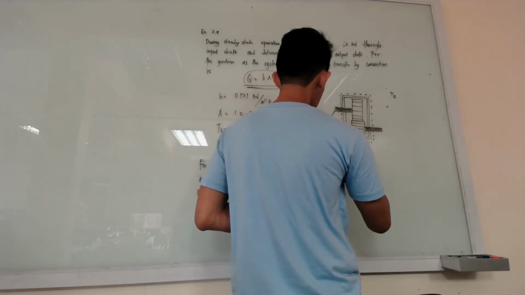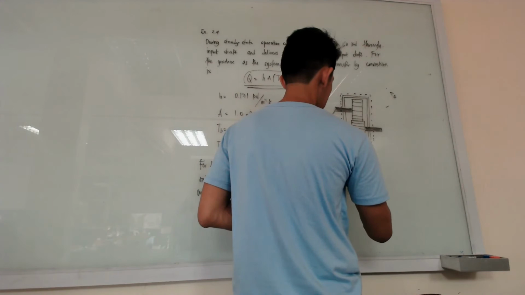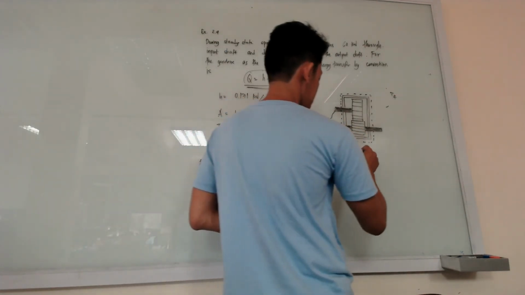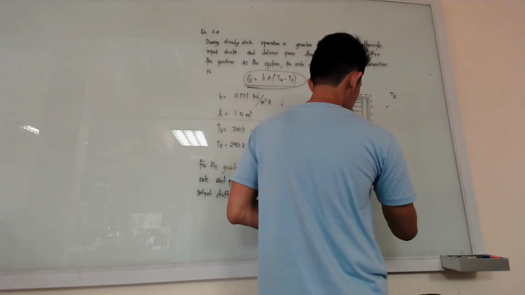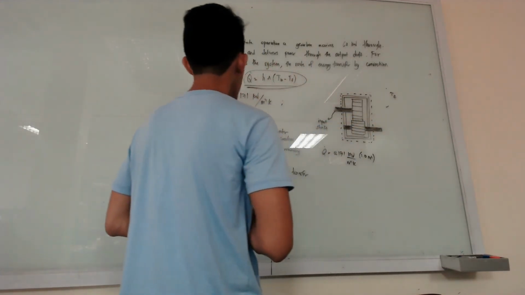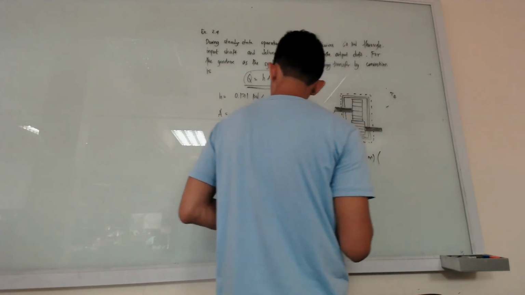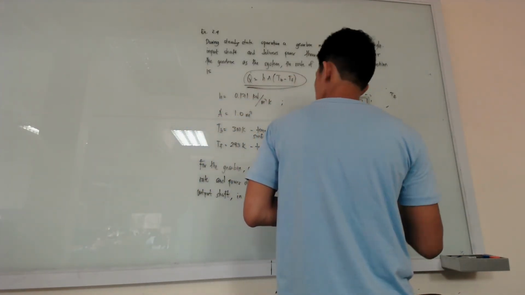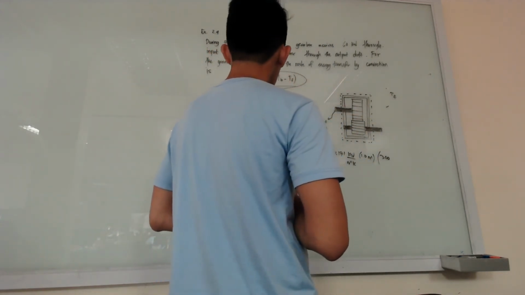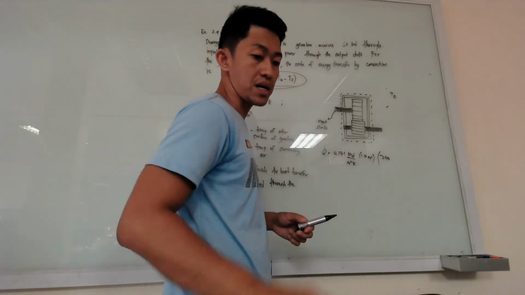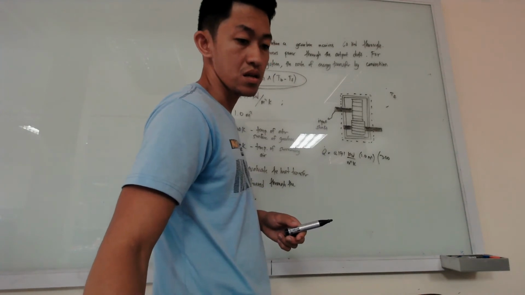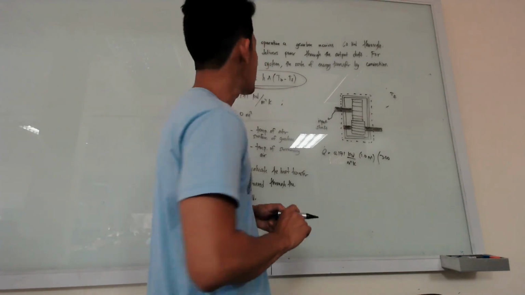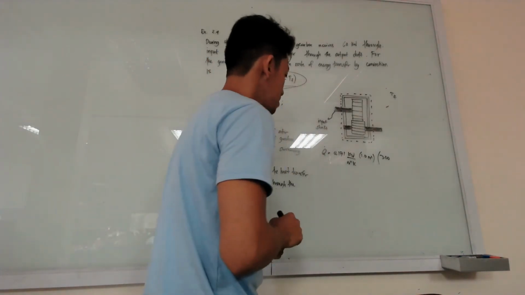Okay, so our Q is just 0.171 kilowatt per m squared Kelvin times area 1 m squared times 300 minus TF. Oh, by the way, this is negative.